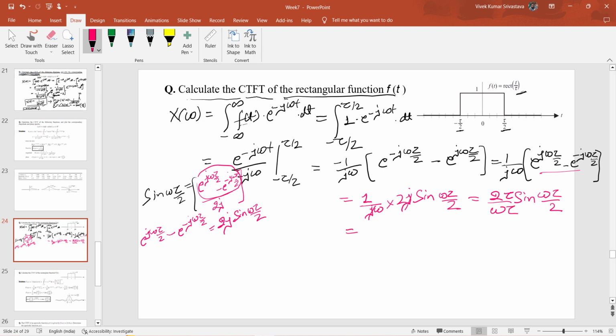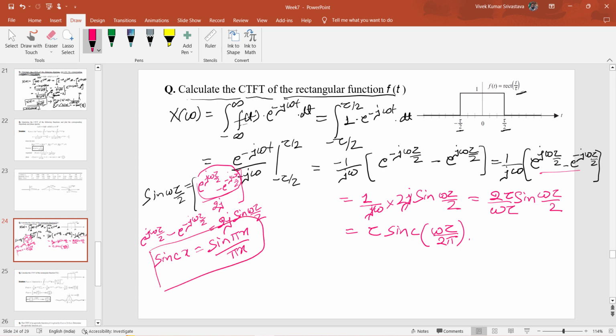So you can represent this signal as tau into sinc of omega tau by 2 pi, because as we know, sinc of x is equal to sine of pi x over pi x. You can use this expression and check this.